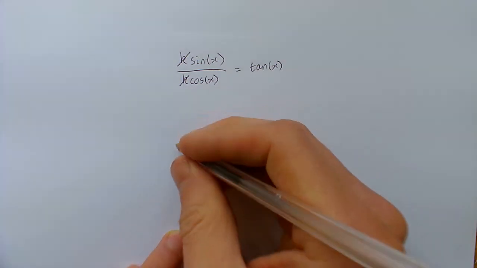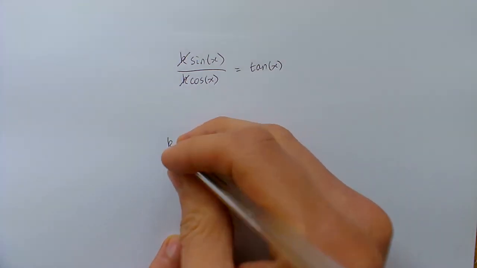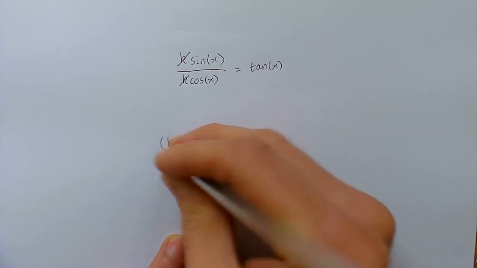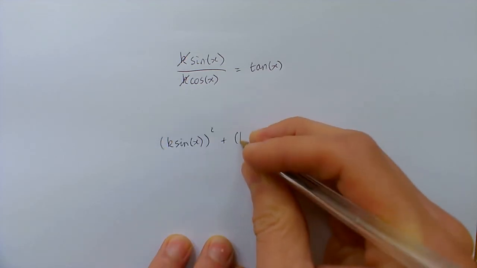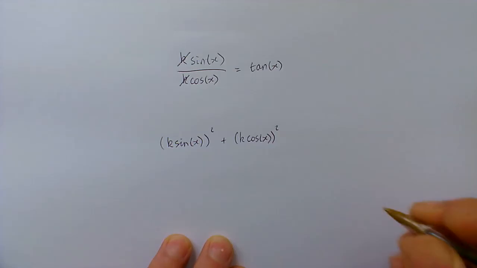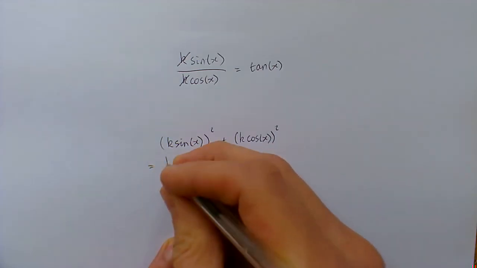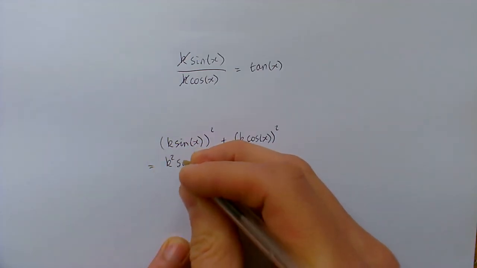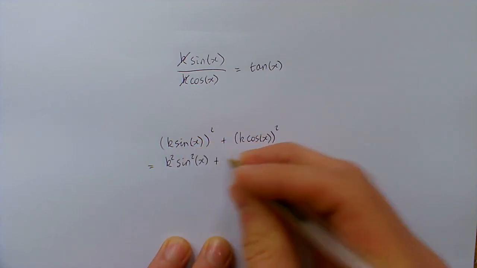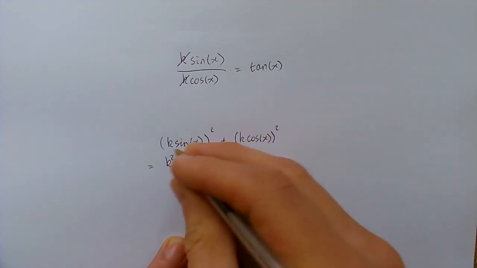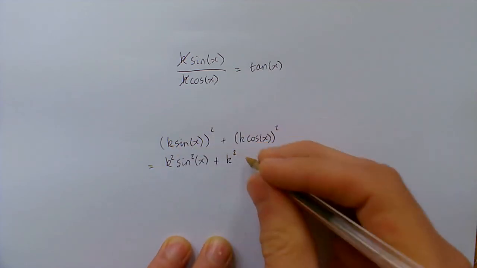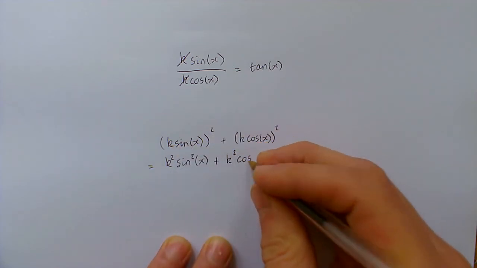And the second one that I asked you to have a think about was slightly lengthier. We had k sine x and we squared it, and we added on k cos x squared. Well, if we do that, this first bit gives us k squared sine squared x. So I'm just squaring each of the things inside the bracket because they're multiplied, so we don't need to do a double bracket or anything because they're just multiplied together, which is why I can square each one individually.